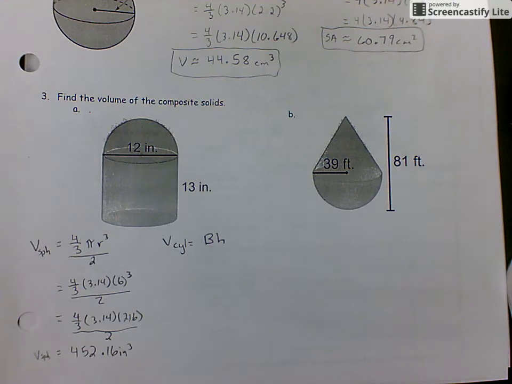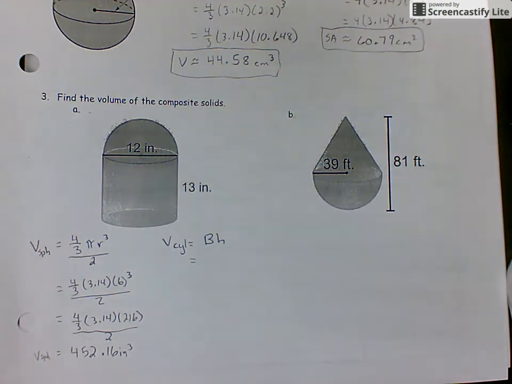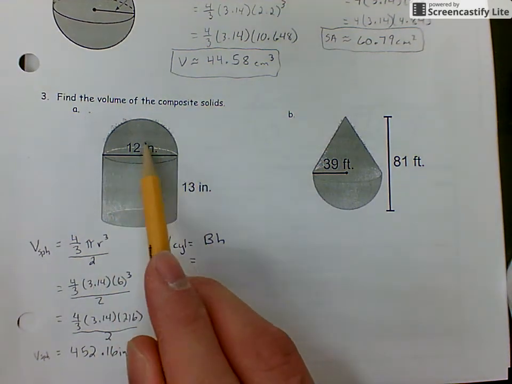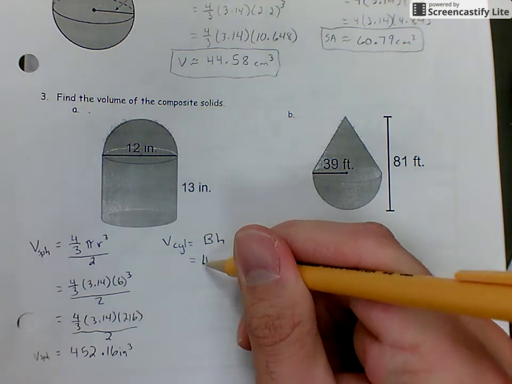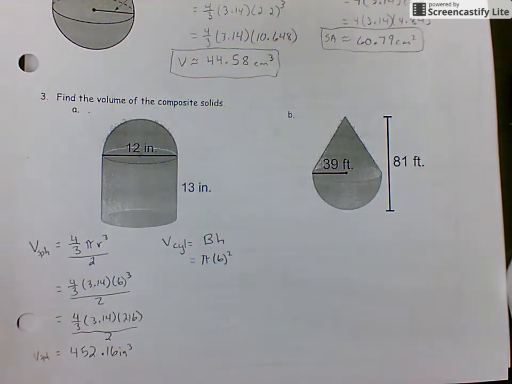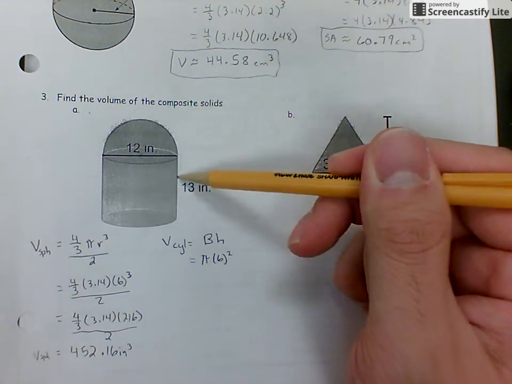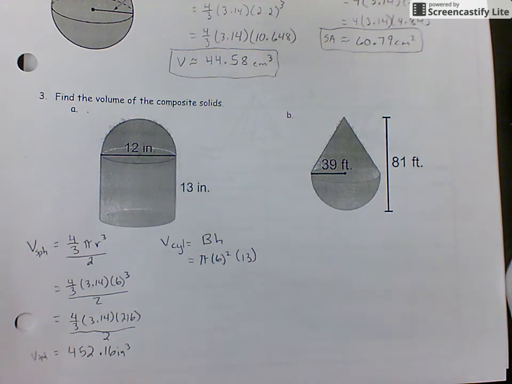All right, now let's look at the volume of the cylinder. We want area of the base. Well, my base here is a circle with, remember, radius of 6. So I can set up my equation pi times 6 squared, and then times the height of the cylinder, which is 13 inches. So times 13.